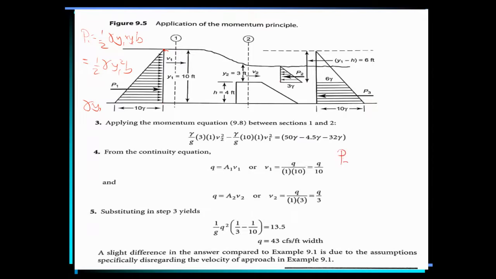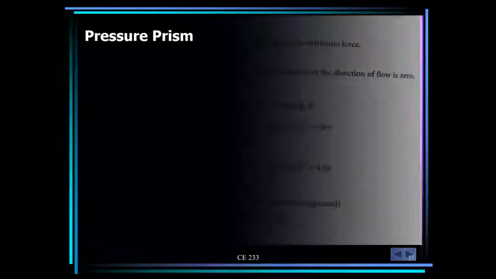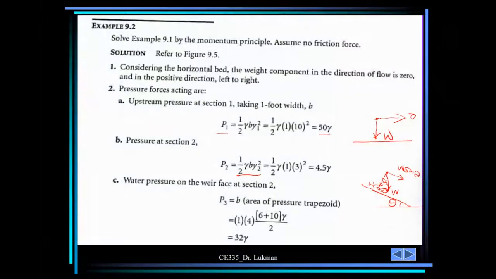So P2 is also given by the area of the triangle: half base gamma y2 times height y2, times the breadth B. So P2 is half gamma B y2 squared also, which is exactly what we have here. With B and y substituted, this is 4.5 gamma.